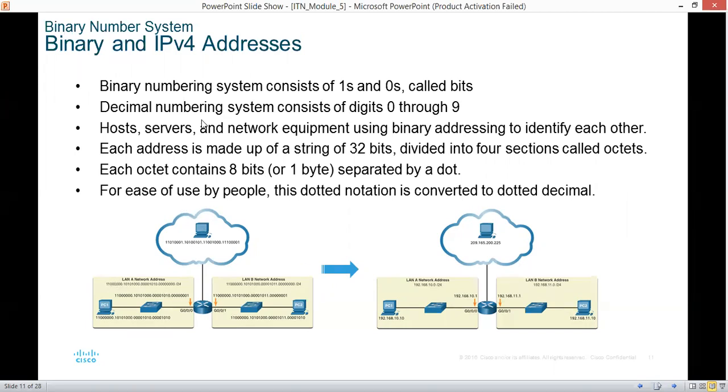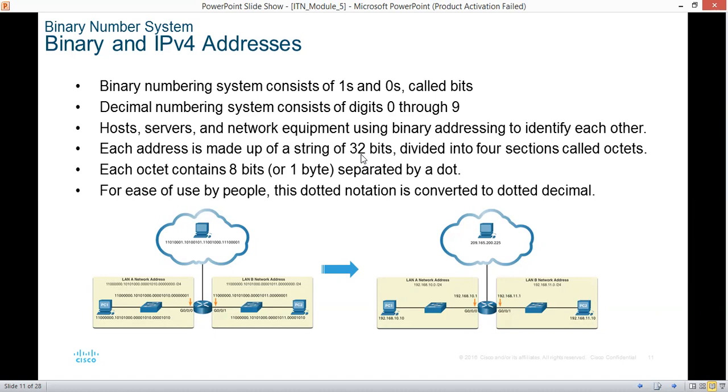Okay, so the binary number system consists of 1s and 0s called bits, and the decimal number system consists of 0 through 9. Your host servers and network equipment use binary addressing to identify each other. IPv4, like we said before, is 32 bits, divided into 4 sections called octets.